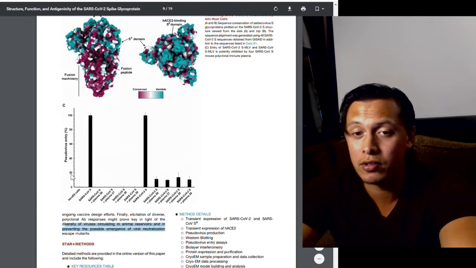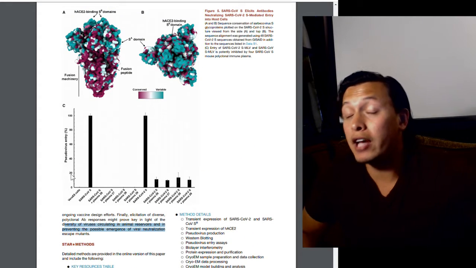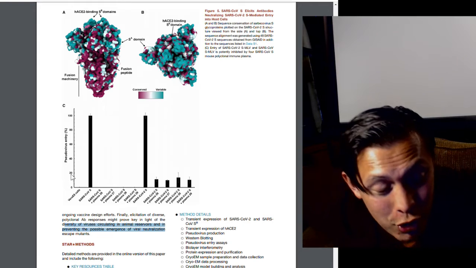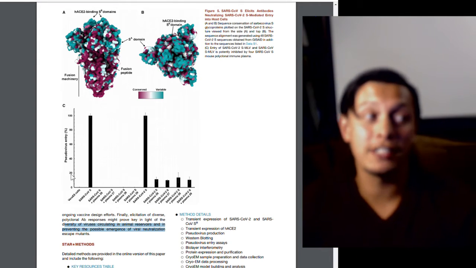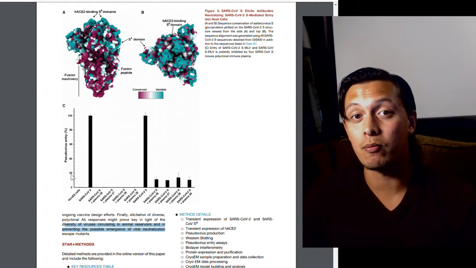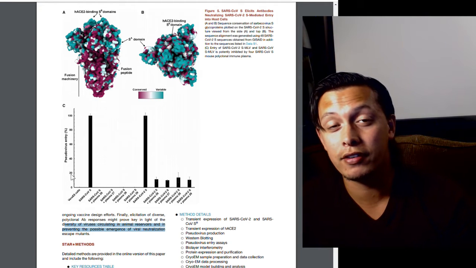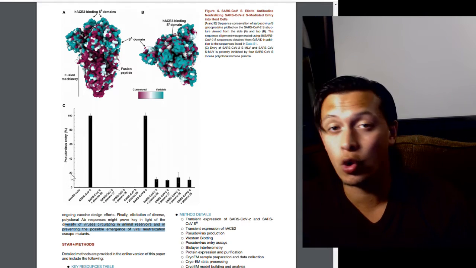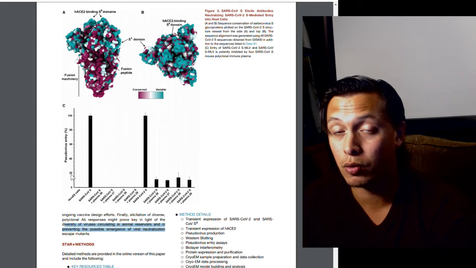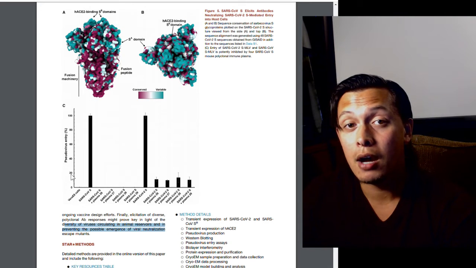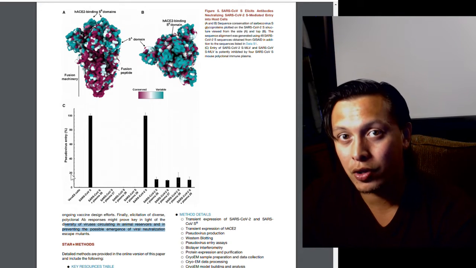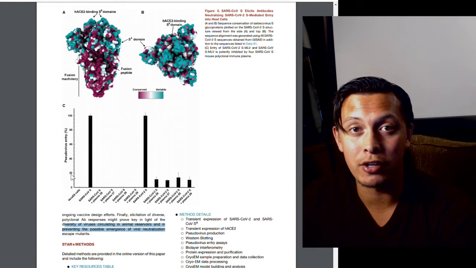So here they're saying they're worried. We have to make sure, if we want to be a little bit better at protecting ourselves from a reemergence of a different coronavirus, or at least a different mutant of the current coronavirus that we have going around, polyclonal antibodies might be a better solution.